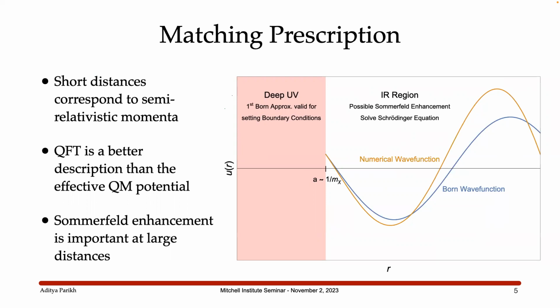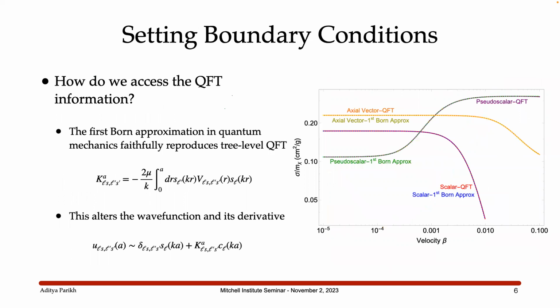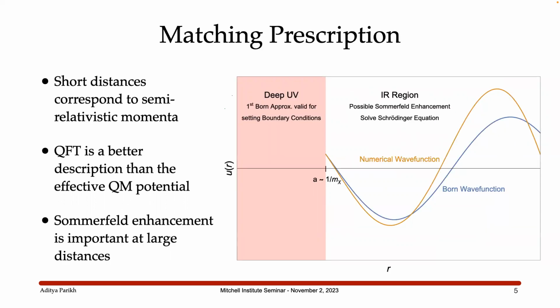In that red region, we're saying that there is no significant Sommerfeld enhancement, and so taking a tree level answer is sufficient in that region. We're using that to determine how the wave function is being altered via this K matrix. Once you have that, you know what the wave function and its derivative are at R equals A, and then you can just solve the Schrodinger equation outwards from R equals A to infinity.